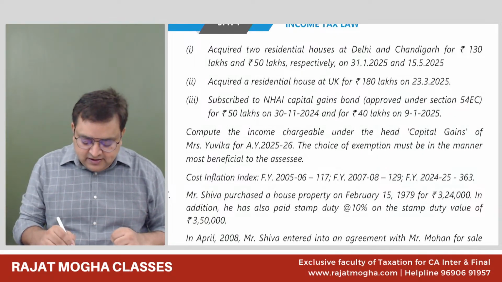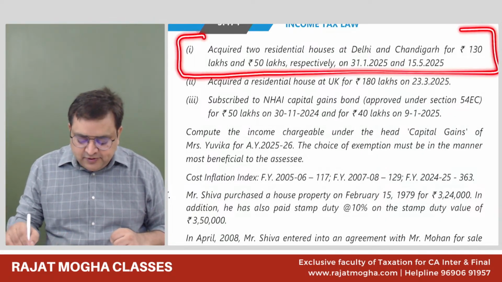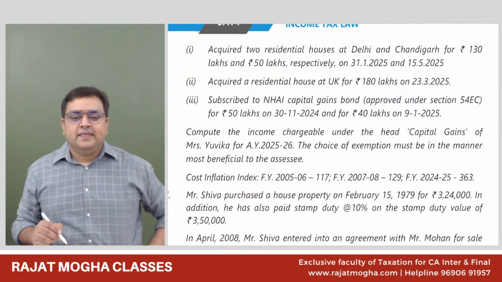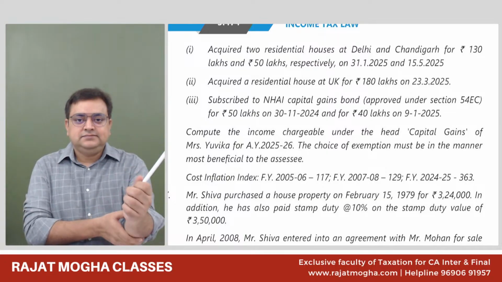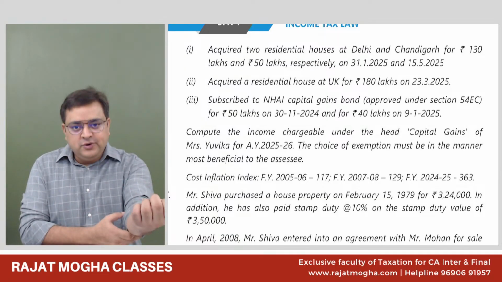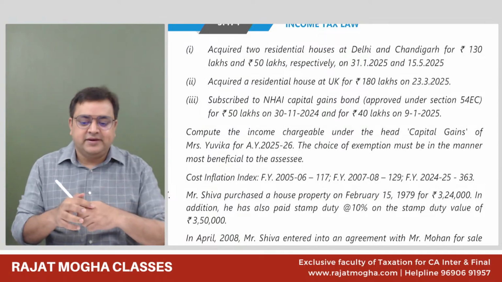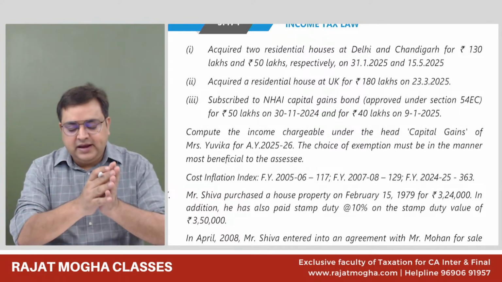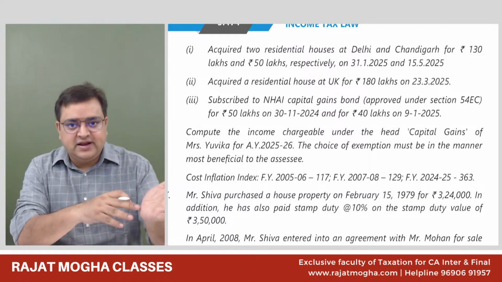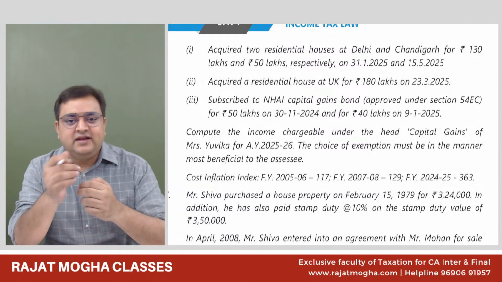Please tell me, they are referring to which particular exemption? What has she sold and what is she purchasing? She sold a residential house. Correct. She sold a residential house and she is purchasing a residential house.